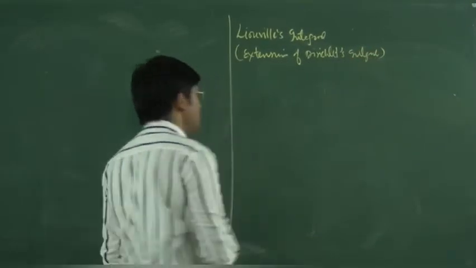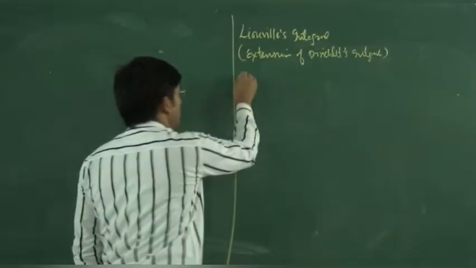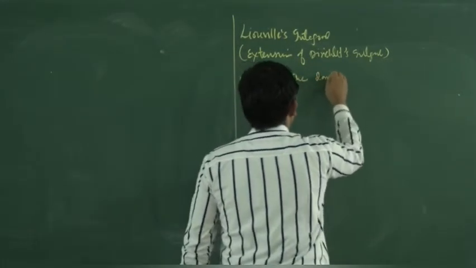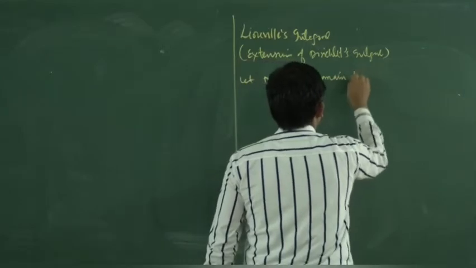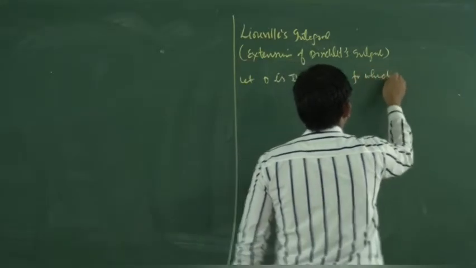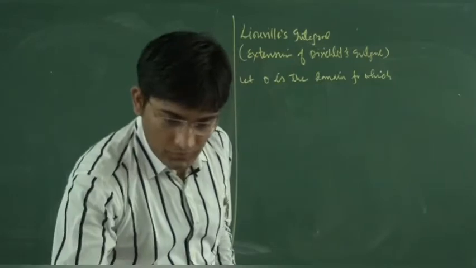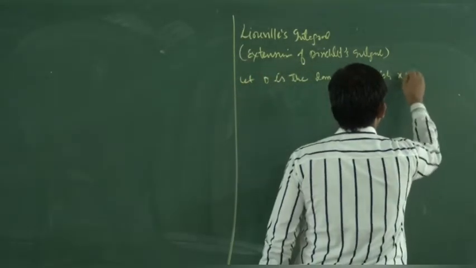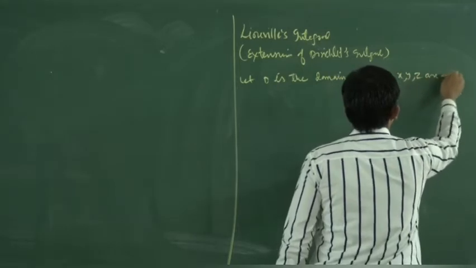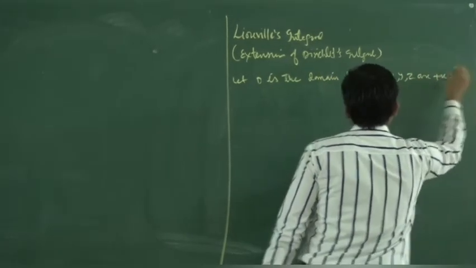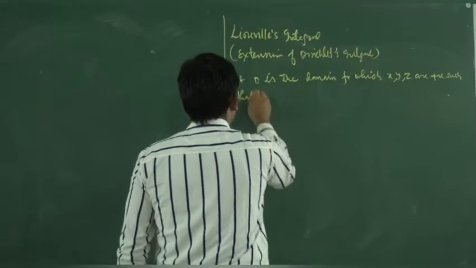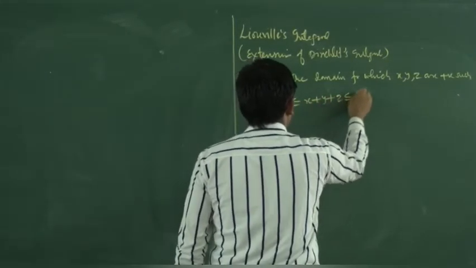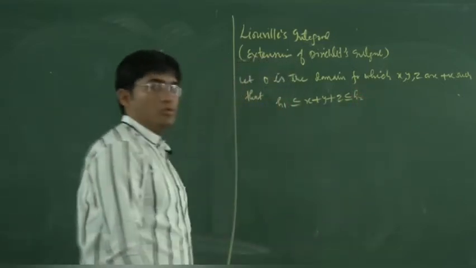So the statement is, let D be the domain for which all x, y, z are positive, such that x plus y plus z lies between h1 and h2.